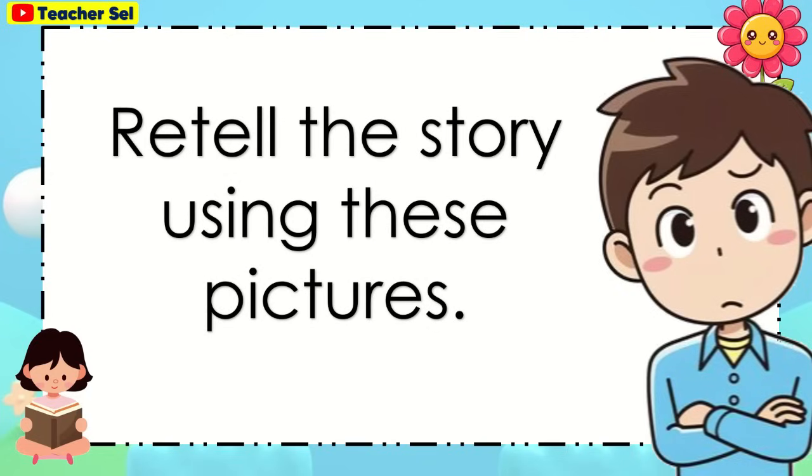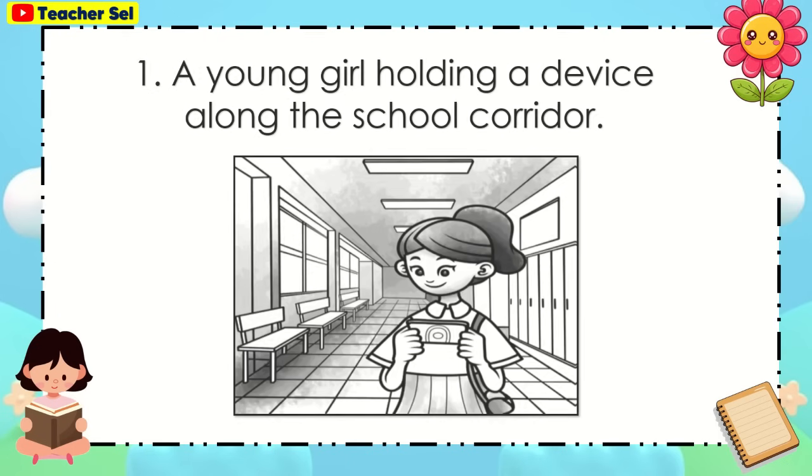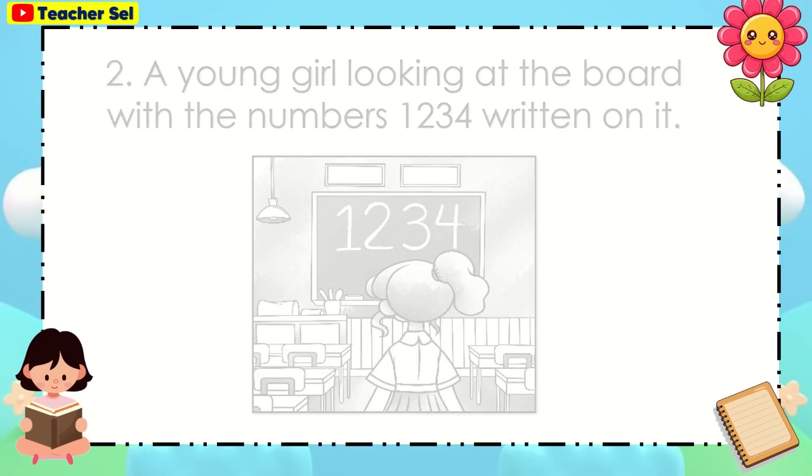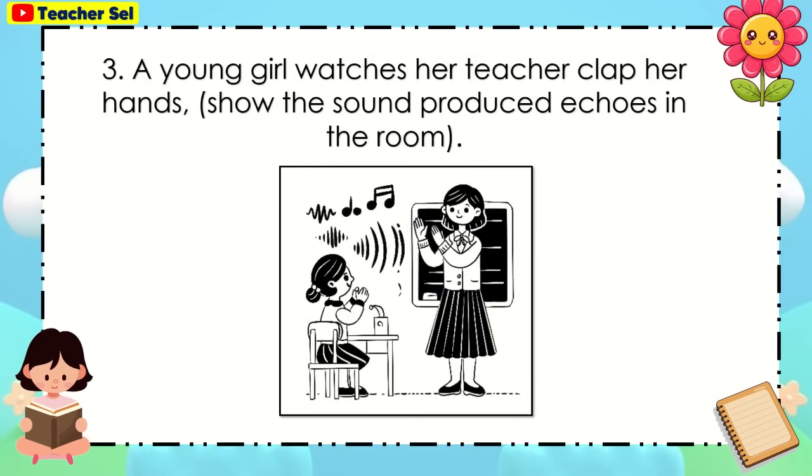Retell the story using these pictures. A young girl holding a device along the school corridor. A young girl looking at the board with the numbers 1234 written on it. A young girl watches her teacher clap her hands, so the sound produced echoes in the room.